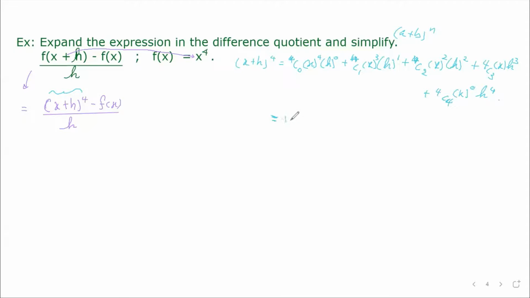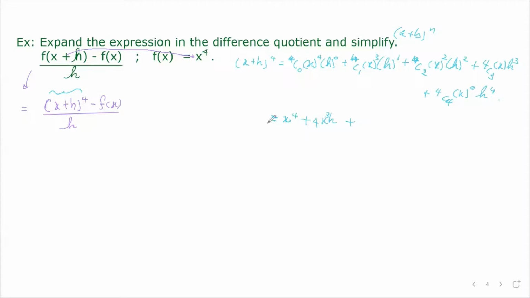4C0 is 1, correct? And times this becomes x power 4 and this power 0, so we have x power 4 for the first term. And then second term, 4C1 is 4, correct? Yes, and then this one x power 3, h power 1, plus 4C2 should be 6, right?